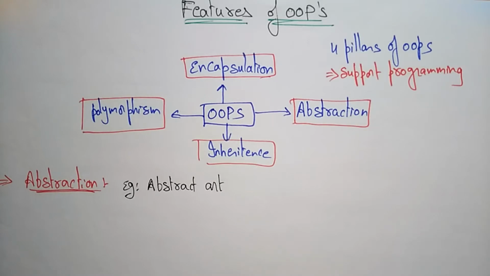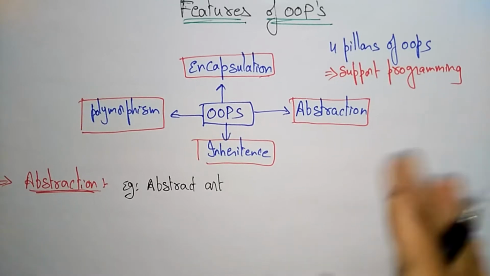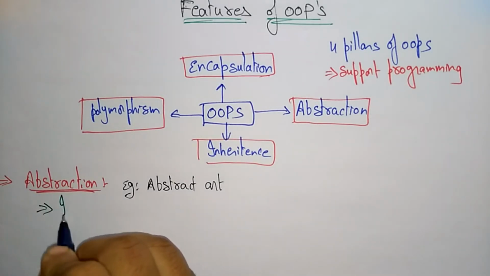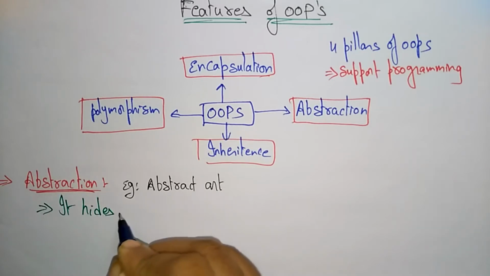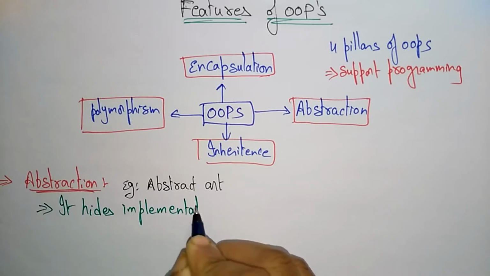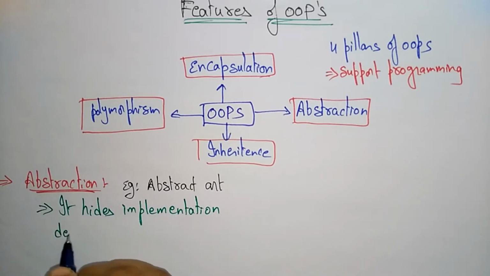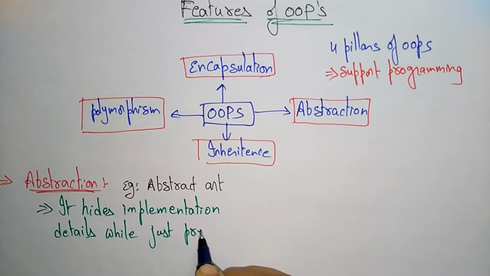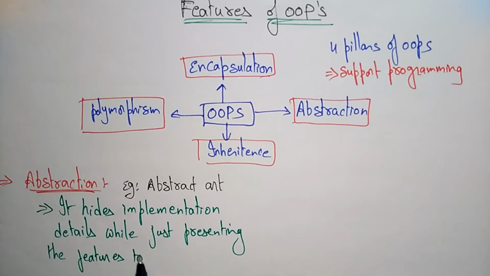It only hides the implementation details. So abstraction is nothing but it hides implementation details while just presenting the features to the outside world.